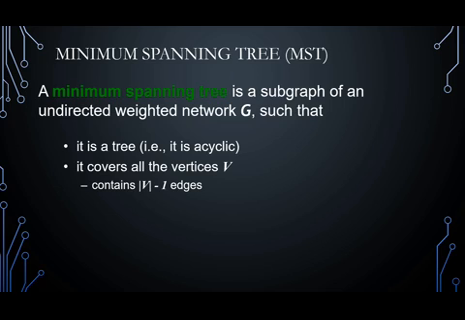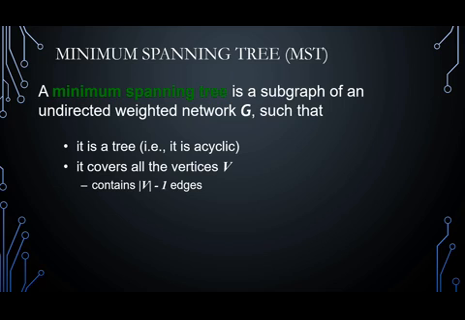and these edges, or arcs, you will have only V minus 1, that is, the number of vertices minus 1. If you have 4 vertices, you will have 3 edges. If you have 5 vertices, you will have 4 edges. So V minus 1 edges should be present. See, only when you have V minus 1 edges, a graph remains a tree.